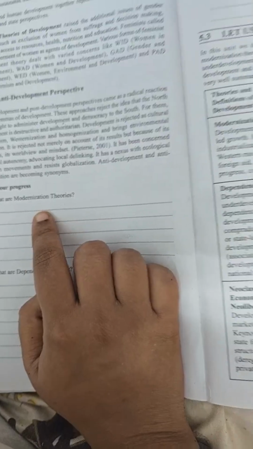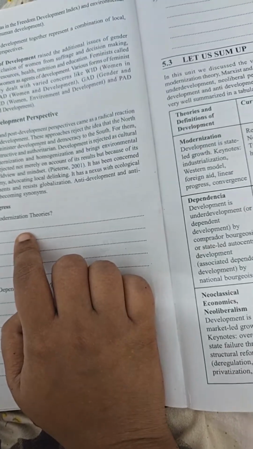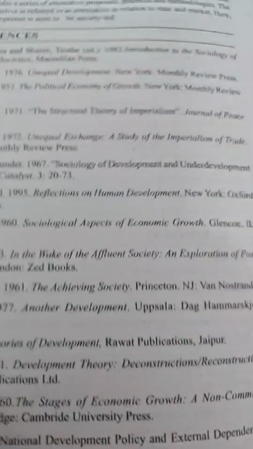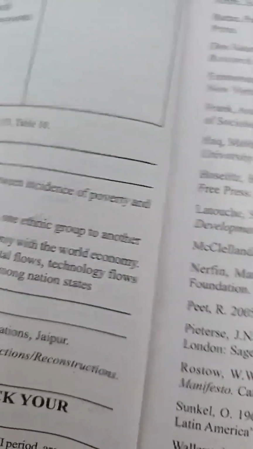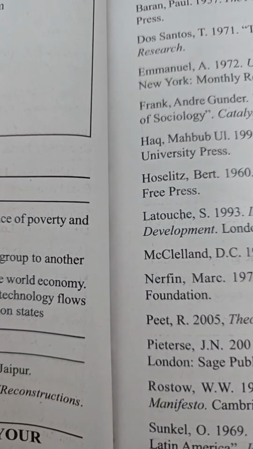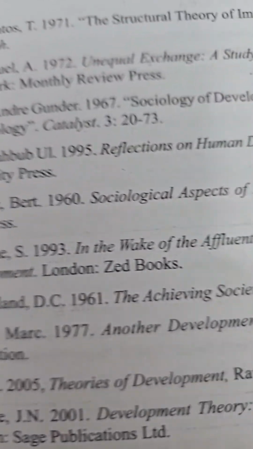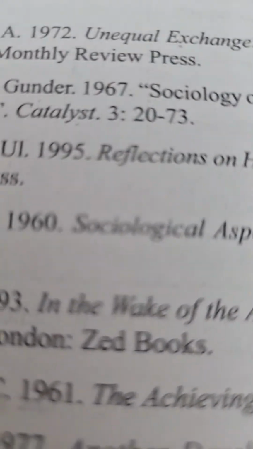What is modernization theory? Modernization theory emerged in the post World War II period as a problem-solving and policy-oriented theory of social change and economic development, and of how less developed countries should develop.